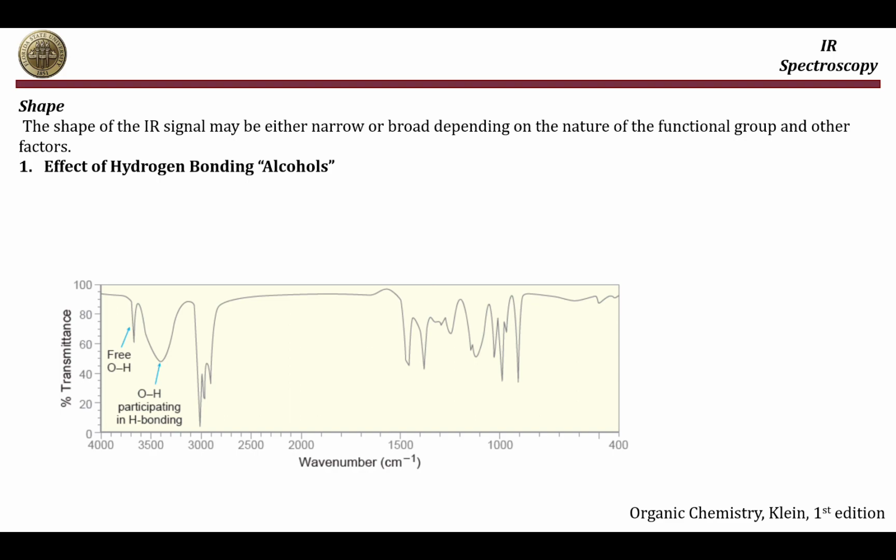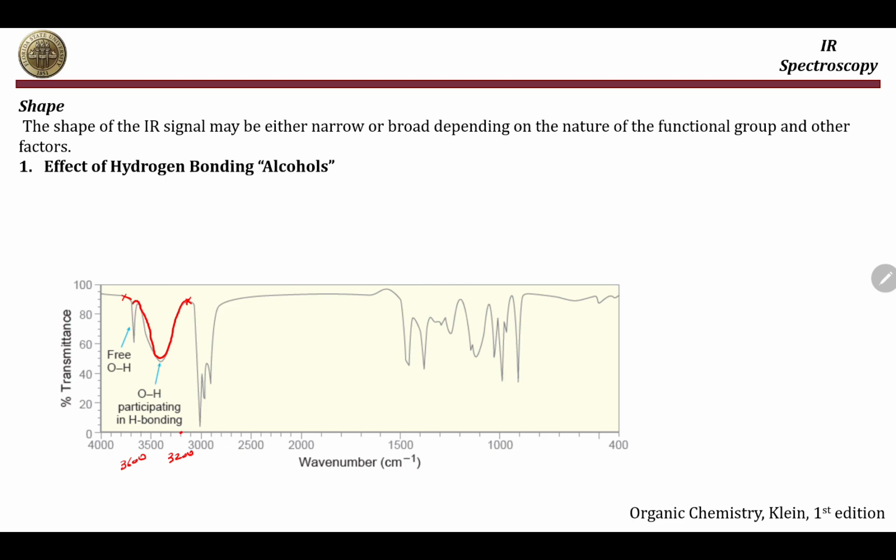The main peak which can be used to characterize alcohols is this broad band, between around 3200 and up to 3600 or 3700. So whenever you see this peak, this indicates that there is an OH group.